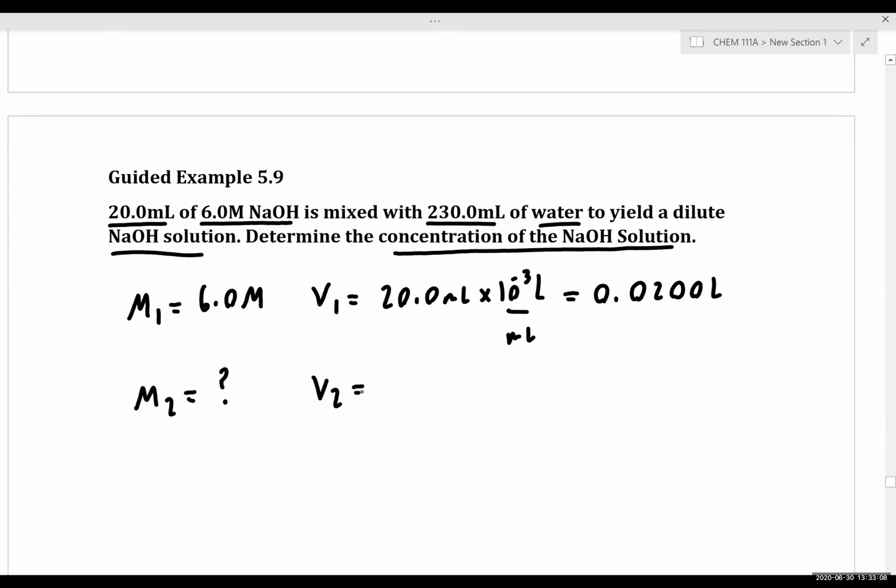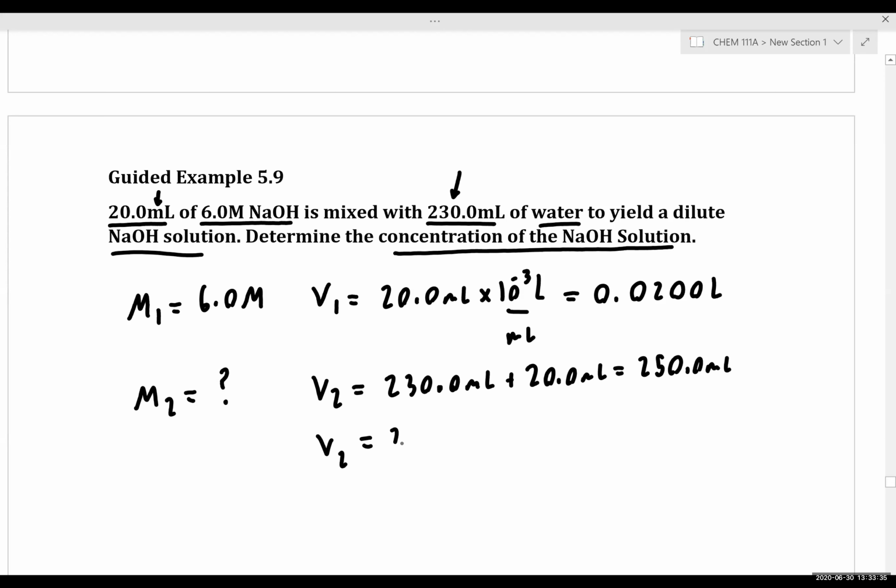And our final volume in this case is equal to the total final volume. So we're going to add our 230.0 milliliters of water plus our 20 milliliters of sodium hydroxide, giving us 250.0 milliliters.